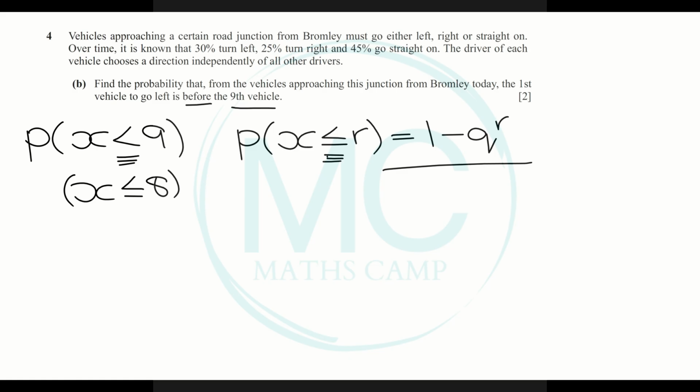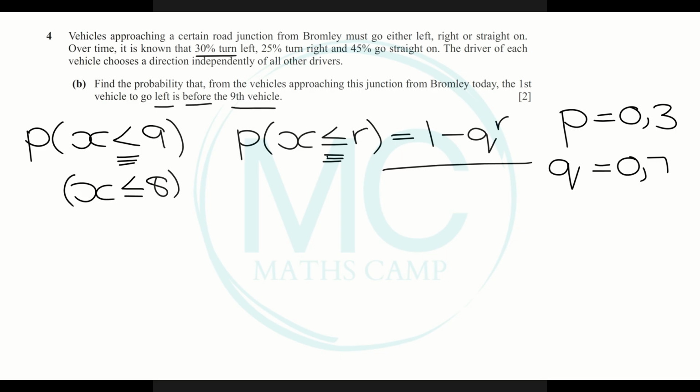Our R value is 8, but we still need a value for Q. And remember that Q is the probability that something does not happen. In this question, we are looking at vehicles that go left. And we know that 30% turn left. So the probability P is 0.3. This means the complement Q has to be 0.7.